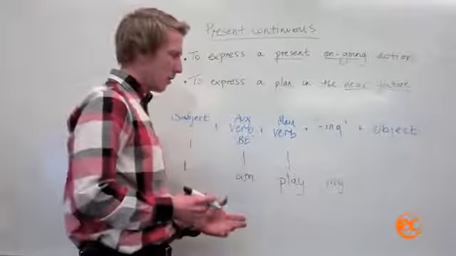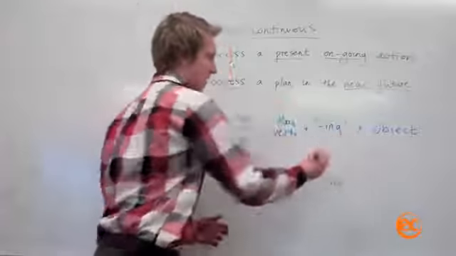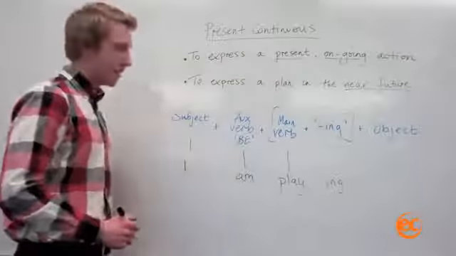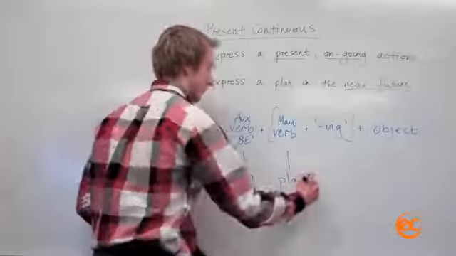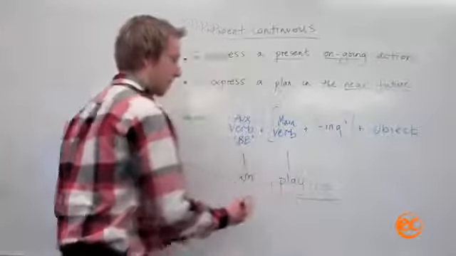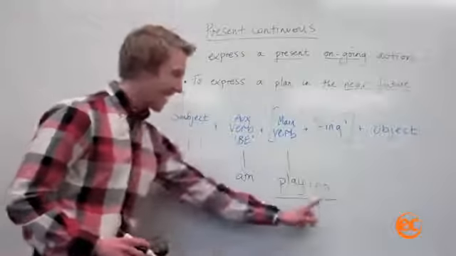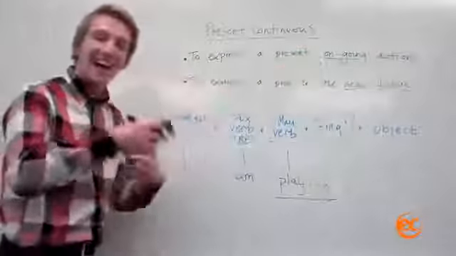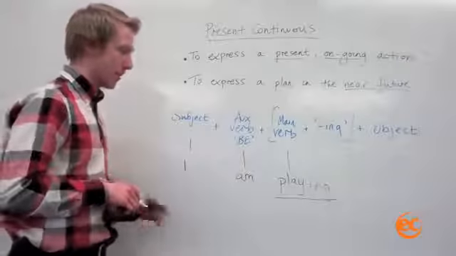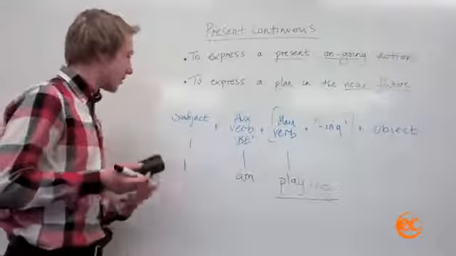Right? Well, why don't we merge these together, and then we get the form playing. And it's the ing that represents this ongoing action in the present. So, Harrison, what could you be playing?